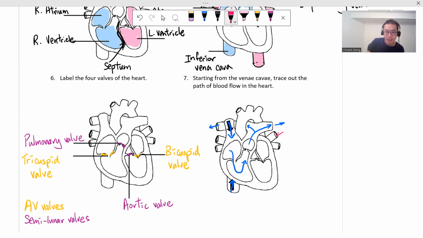Then they will come back through the pulmonary veins into the left atrium, left ventricle, and then it's going to go through the aorta to the left side of the body, to the head, to the right side of the body, and it will also come down through the abdominal aorta as well.